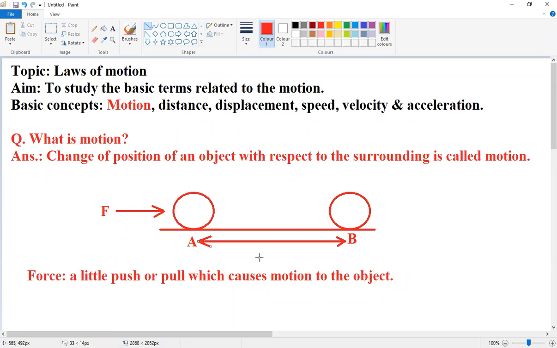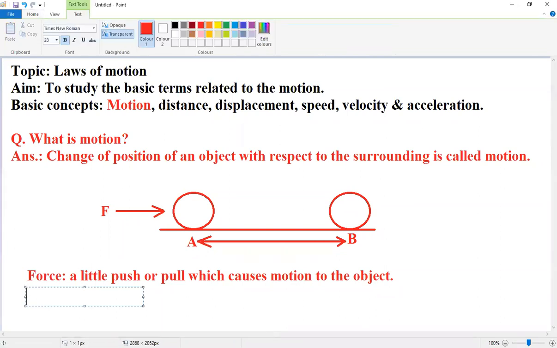Yes, sir. So while displacing from point A to point B, the object travels a certain length or a certain distance. So that magnitude of distance, the next term we will write, is distance.